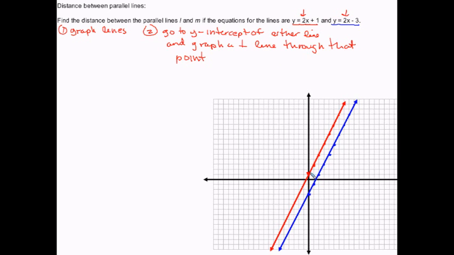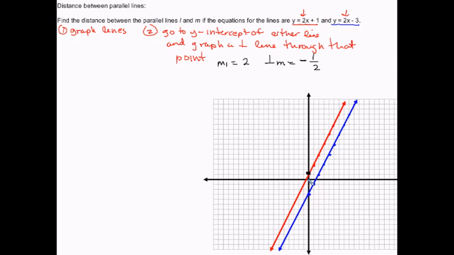So I can go to this y-intercept or this y-intercept. I'm going to go ahead and go to the top y-intercept. So that's my y-intercept. My original slope is 2, so my perpendicular slope is going to be the opposite, so negative, and upside down, so 1/2.